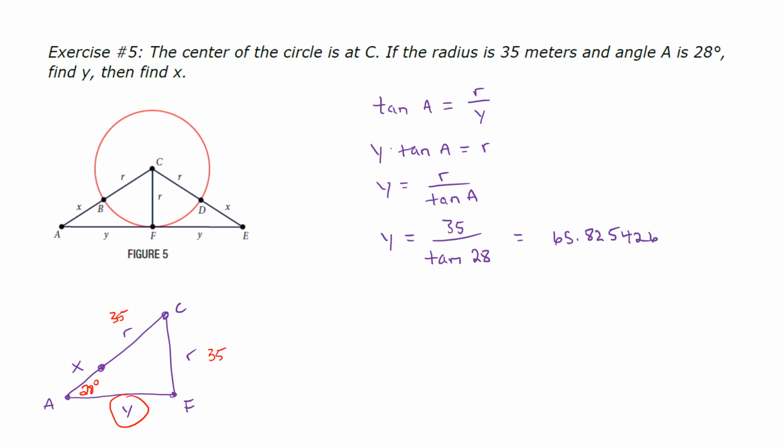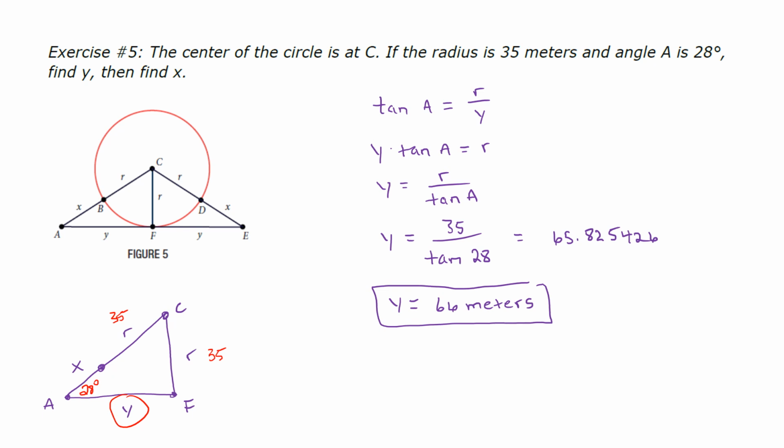Since my angle and my sides are both two significant digits, I'm going to round Y to two significant digits, which would be 66 meters for my units. Okay, so we've just found Y. So we know now the length of Y is 66 meters.